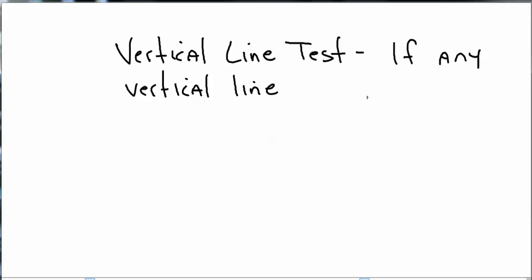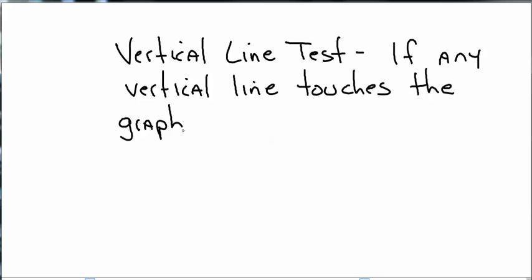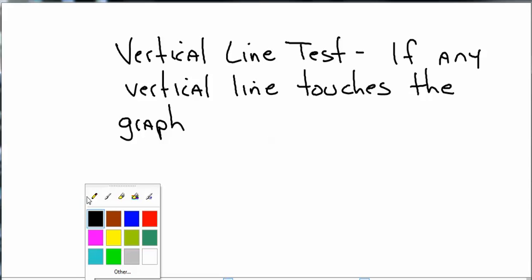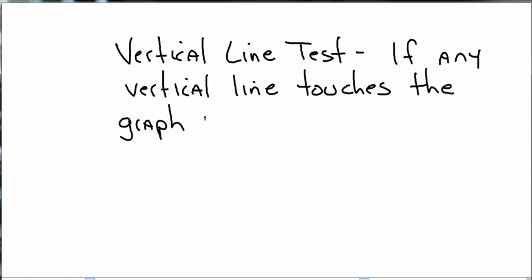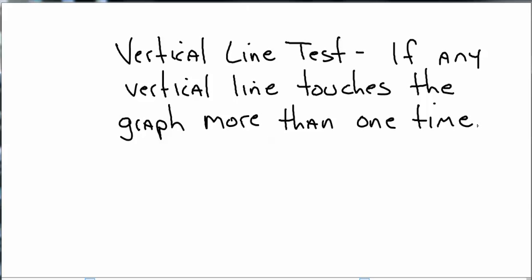If any vertical line touches the graph more than once, the relation is not a function.